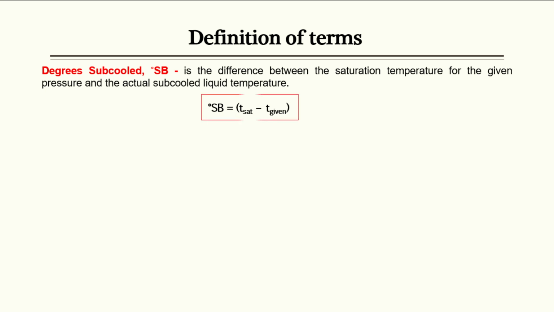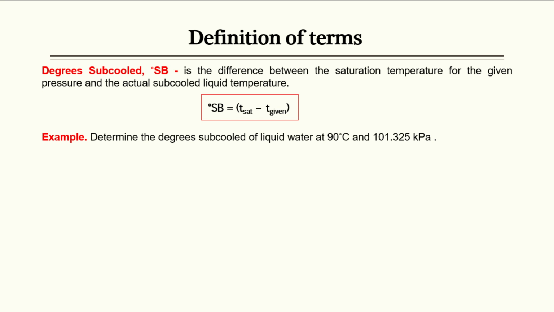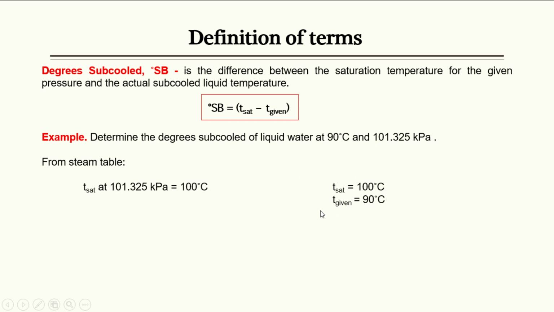So, example tayo. Determine the degrees subcooled of liquid water at 90 degrees Celsius and 101.325. Madali lang kasi coming from steam table at 101.325, ang temperature niya is 100 degrees Celsius dapat. Okay? So, ang given natin is 90 degrees. Ang Tsat natin ay 100 degrees Celsius.